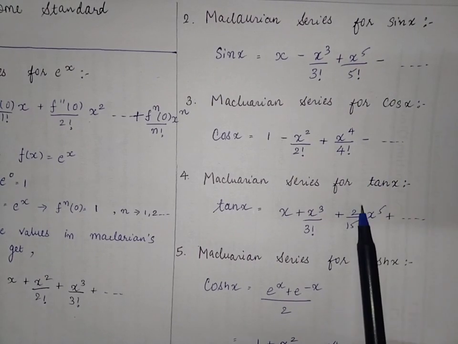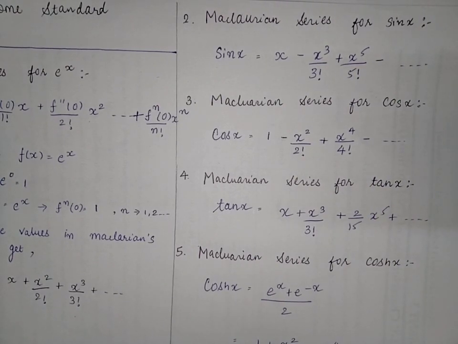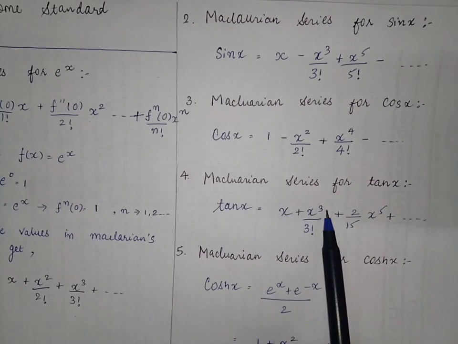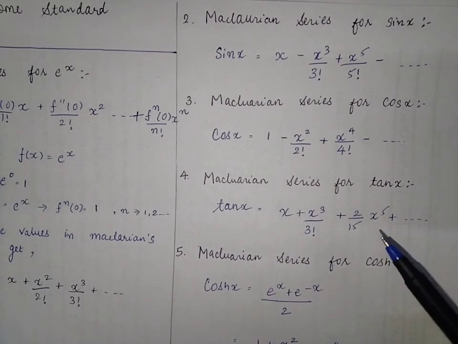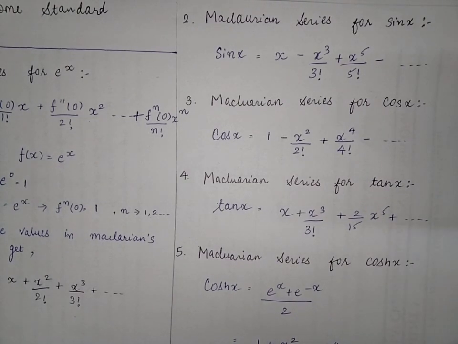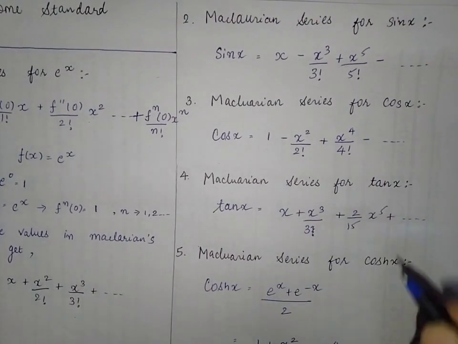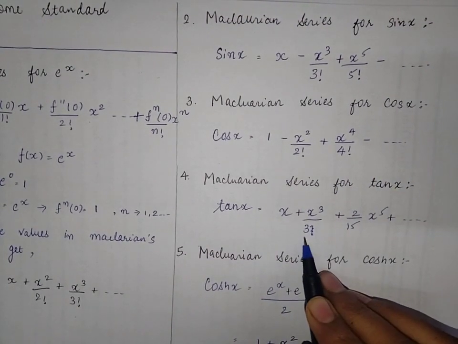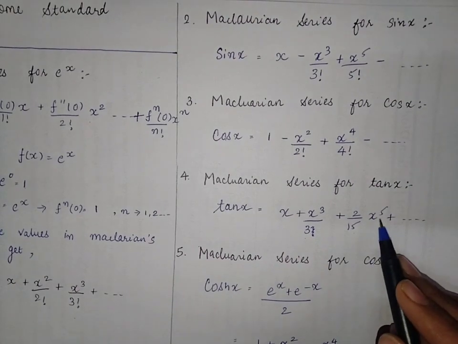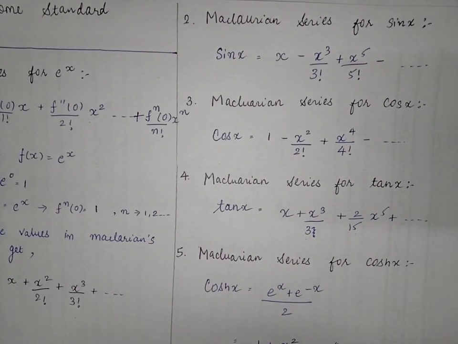Similarly, for tan x we have the Maclaurin series, that is x plus x cube by 3 plus 2 by 15 x raised to 5 and so on. Here it is 3 only: x plus x cube by 3 plus 2 by 15 x raised to 5 and so on.